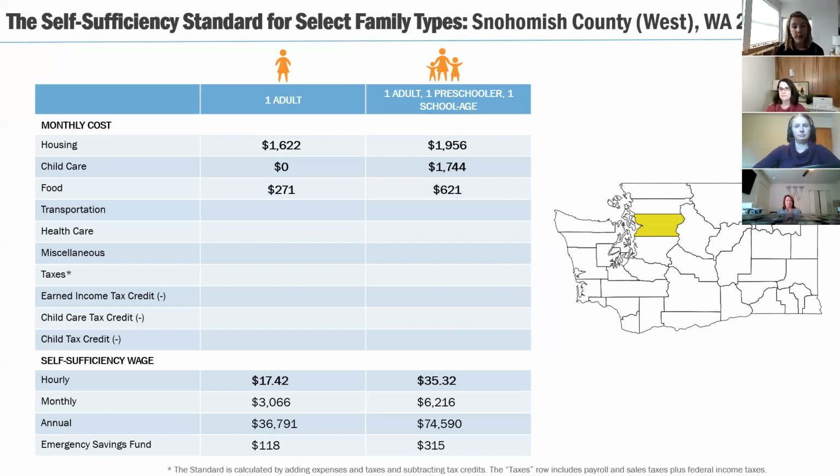The next cost, food. Food assumes the cost of nutritious meals prepared at home by the USDA low-cost food plan. This food cost is not allowed for any takeout or restaurant meals. If you think about a single adult with a $271 food budget, and you try to think about the last time that you went and maybe grabbed a coffee and like a scone or a treat, and we're looking at about $9 a day for food costs here.